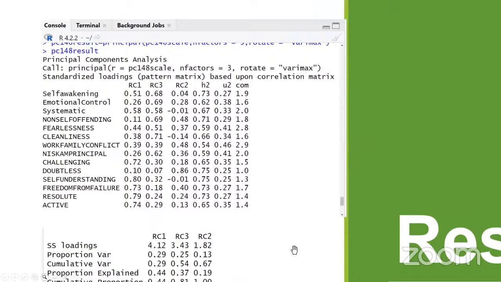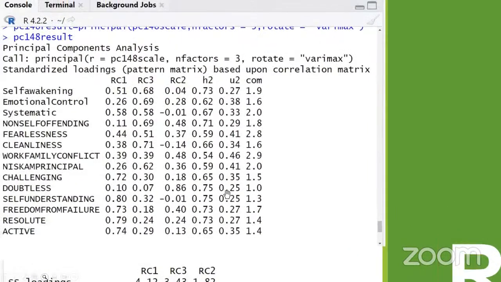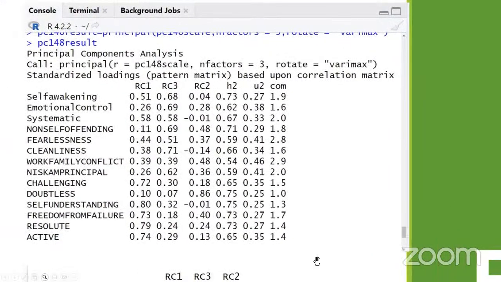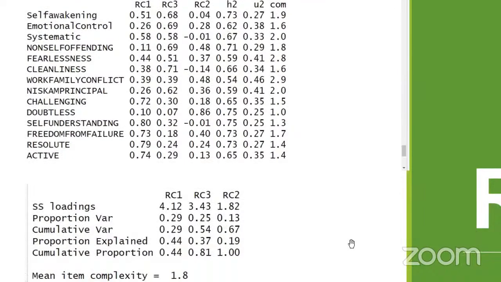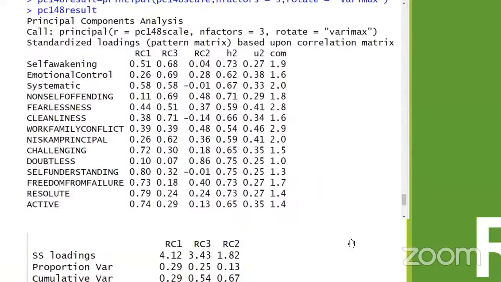So this is the principal component analysis result. Here you can find the 3 components and the 14 variables at the left side. And here you will find the loadings. The maximum loading is self-understanding.